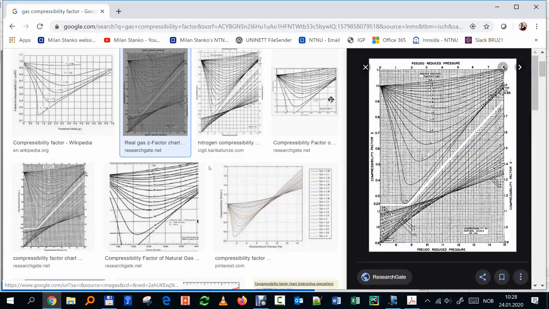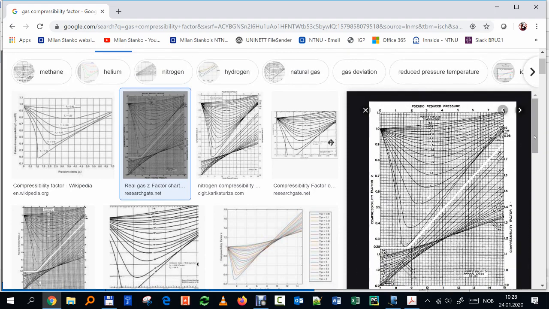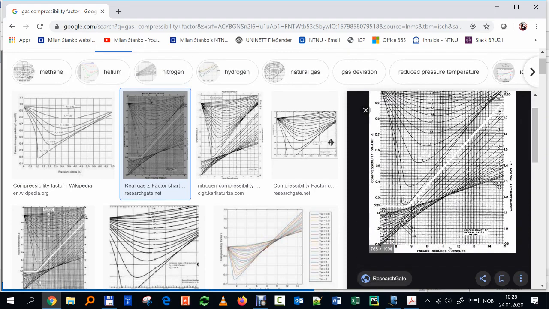How do I read that chart? Just to remember, what do we need to read it? On this axis is reduced pressure. What is reduced pressure? Pressure divided by critical, right? So that means for every reservoir pressure I simply divide by the critical pressure of the gas. And the gas we assume it has some.